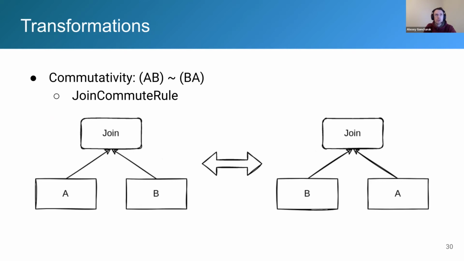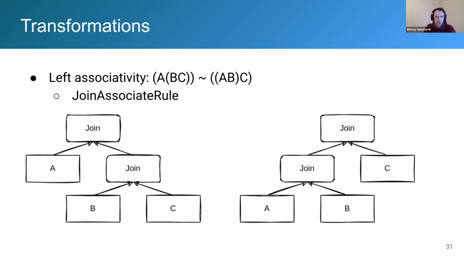We will cover a few of them because, as we will see, it is sufficient to enumerate the whole search space. One transformation that is available fundamentally, as a rule in Apache Calcite, is the join commute rule, which employs join commutativity. It says that essentially, if we transpose the inputs of a join, we will get the same result.